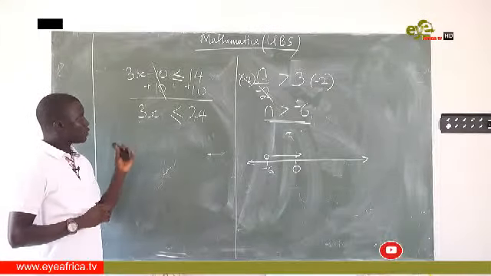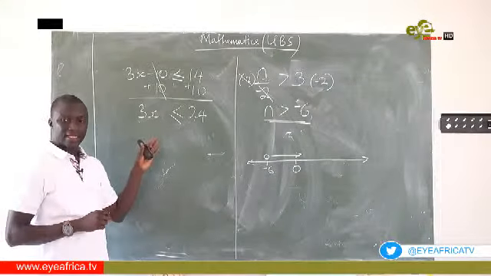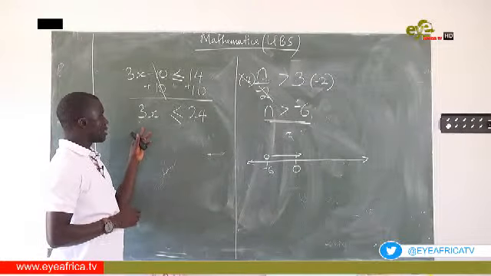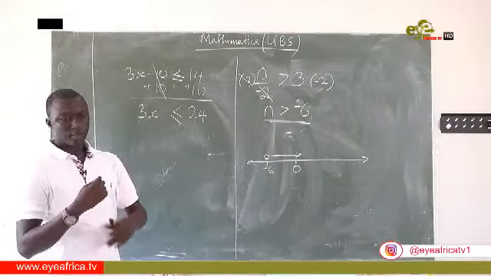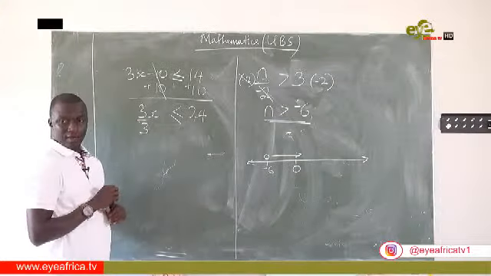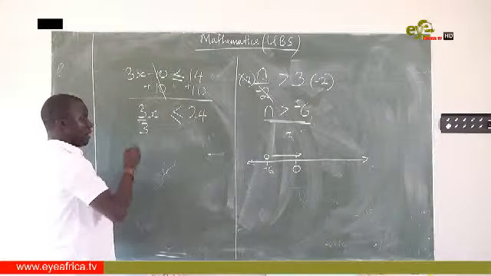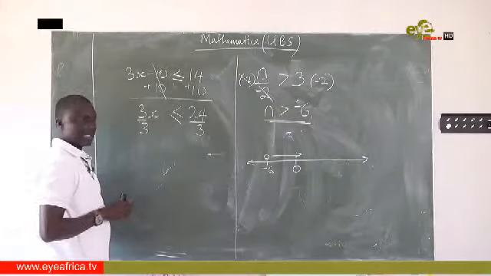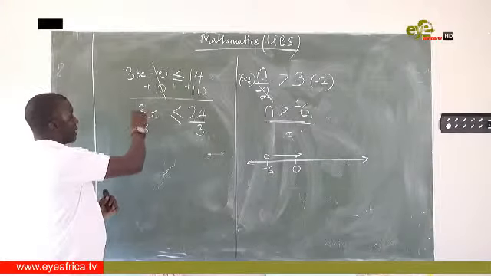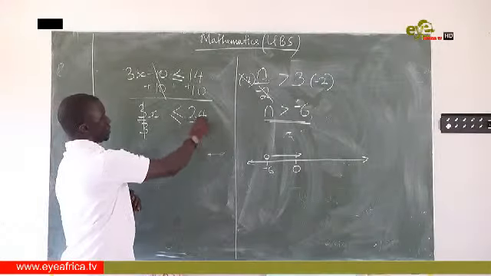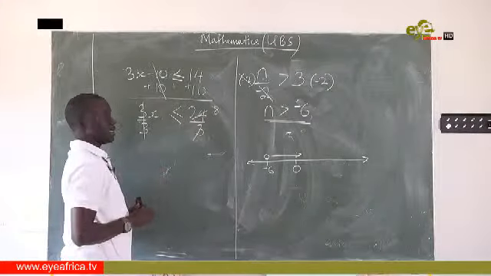So now we want to isolate our variable. We know that 3x is 3 times x. Because it's a multiplication, the opposite of a multiplication is a division. So we divide here by 3 for us to isolate our variable. Since we divided here by 3, we must divide the other side also by 3. 3 cancels 3. 3 goes into 24, 8 times.